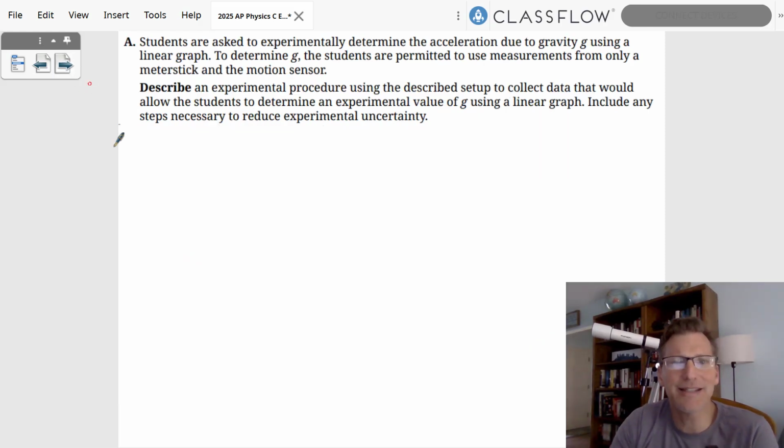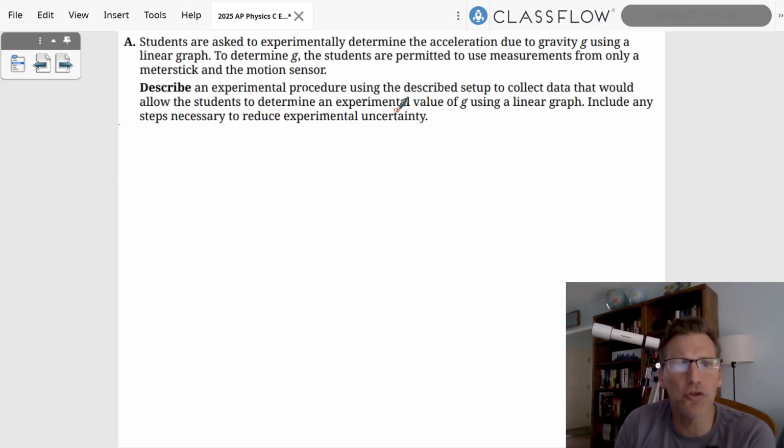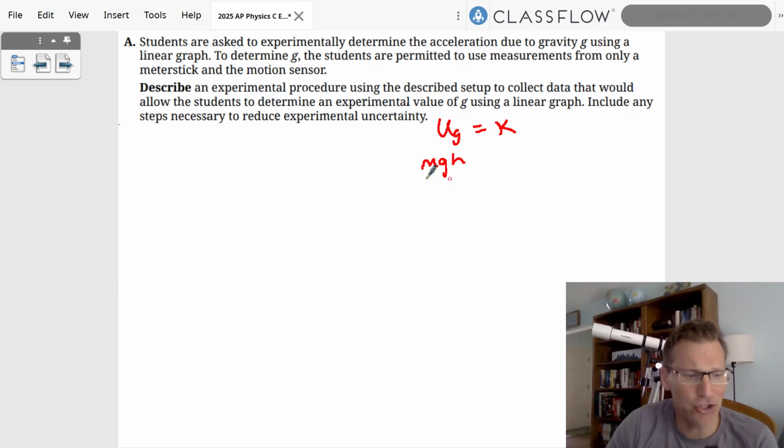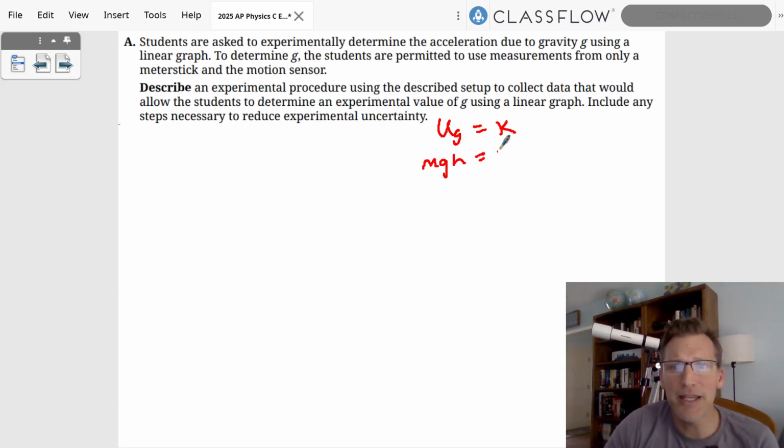And so it's going to ask us to experimentally determine the acceleration of gravity using a linear graph. How I like to do these types of problems is, before I start my experimental procedure, I like to go to the mathematics first. So I have gravitational potential energy equals kinetic energy, conservation of energy. mgh, that height that we dropped it from, is going to be equal to 1/2 mv squared.